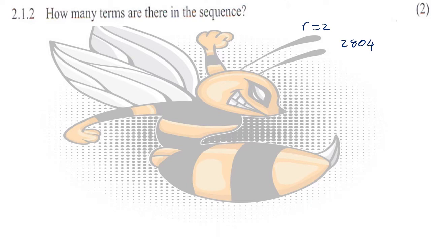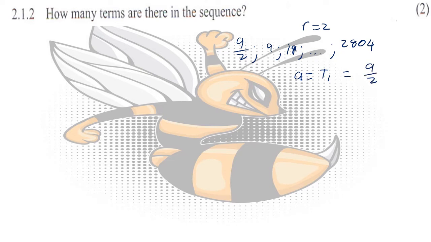So the sequence that you were given is 9/2, 9, 18, and then finally 2304. This is my last term. My R value is 2, and my A value is always term 1, so that is going to be 9/2.